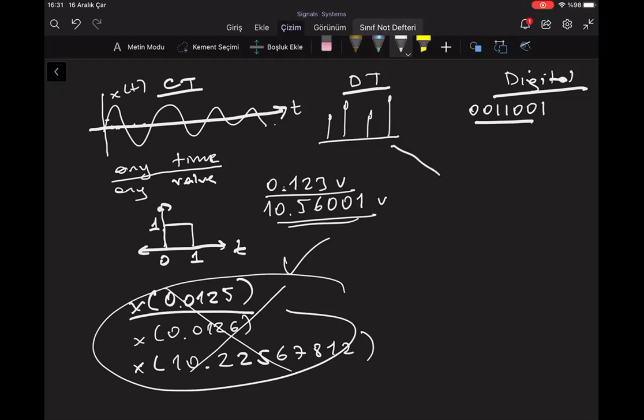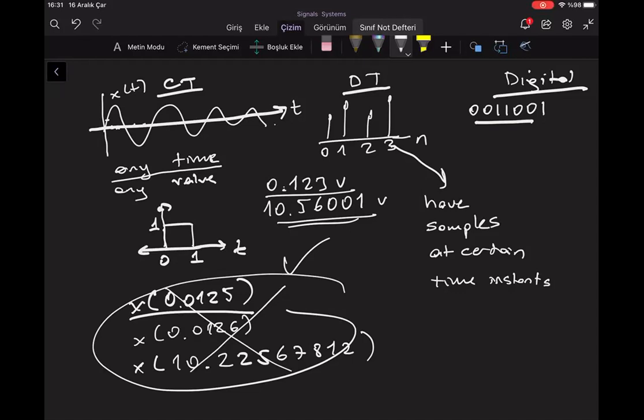How about discrete time? Do I have any restriction on time? There is a restriction, yes. Right? So I only have samples at certain time instants. At certain time instants, I have values.